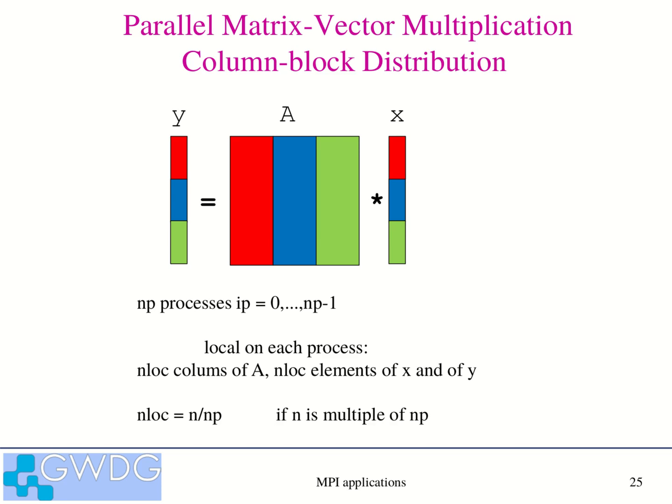And also the number of pieces of the input vector belonging to each process is n log equal to n over np. Again, n log may be smaller for the last process if the total number n is not divisible by np.